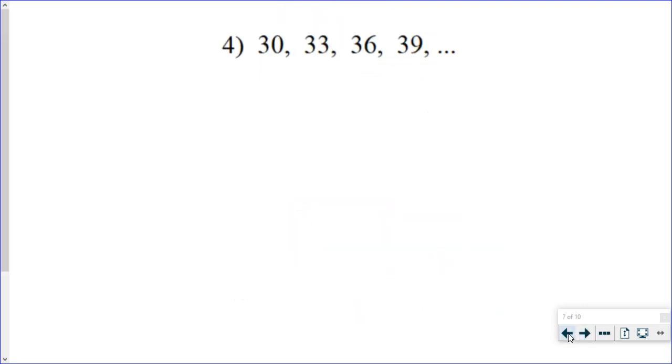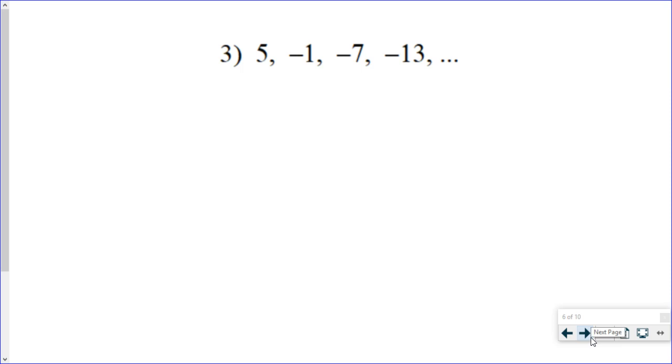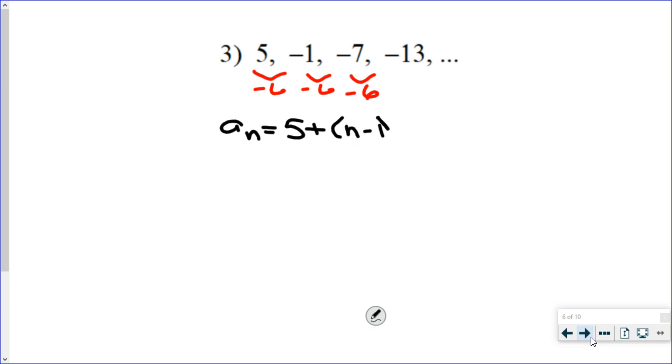Okay, let's do one more. Here we go. So what's happening? It's going down by 6, down by 6, down by 6. So I'm going to start with a sub n equals the first term, plus n minus 1, times the common difference, which again is negative 6.